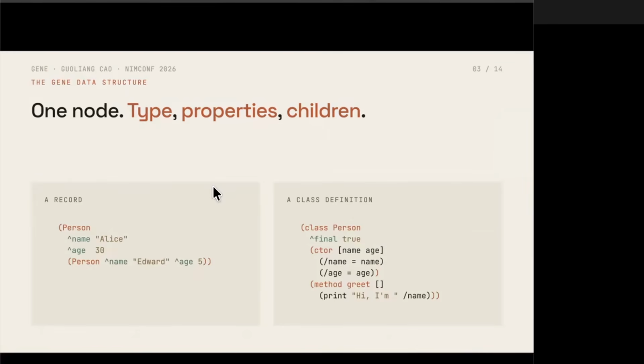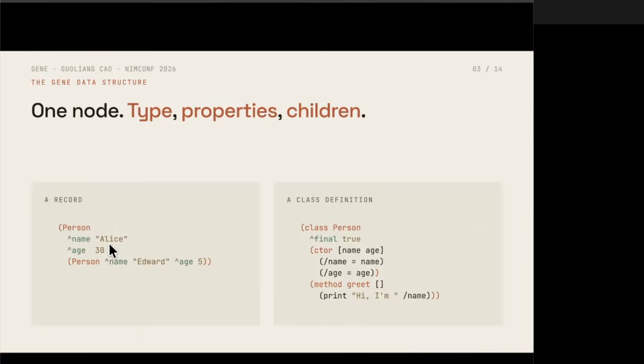format, the same structure. On the left side, it has a type, a person. Here you probably don't know what this person is. It could be just a symbol, or it could be a reference to an object if this is evaluated in the context of code.